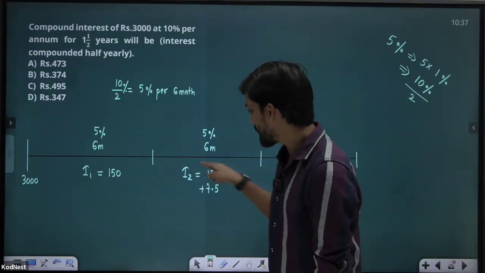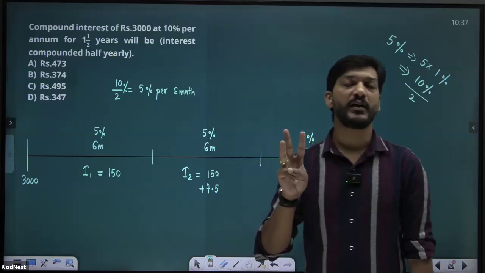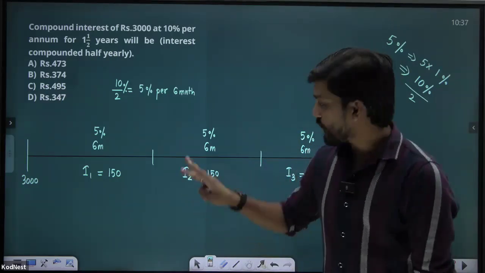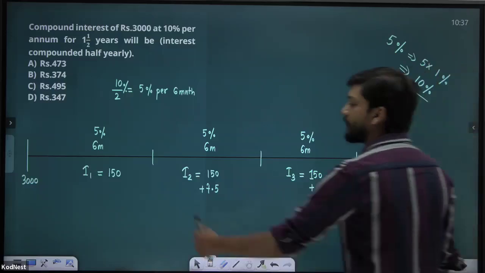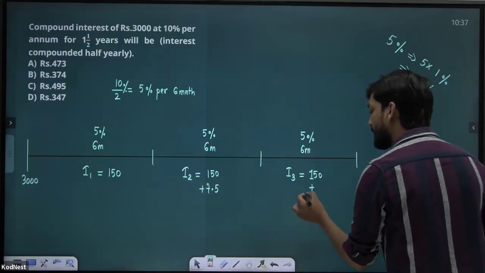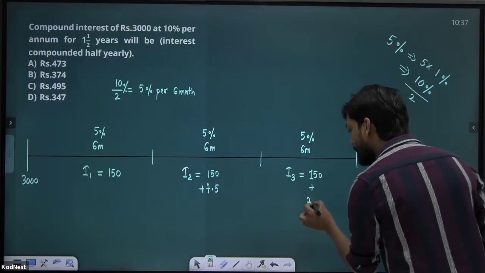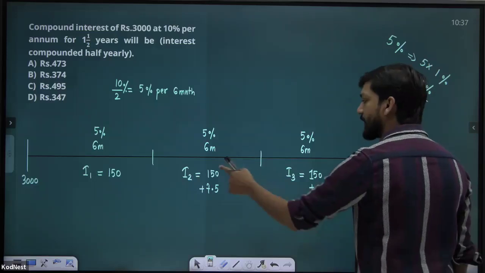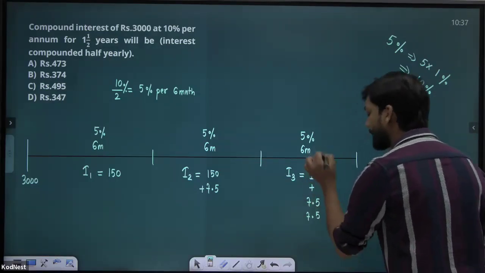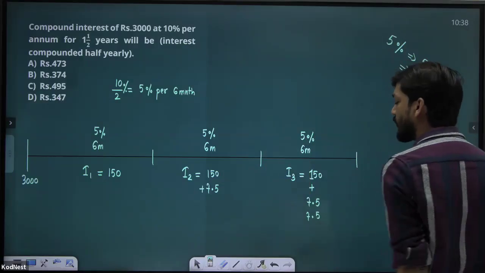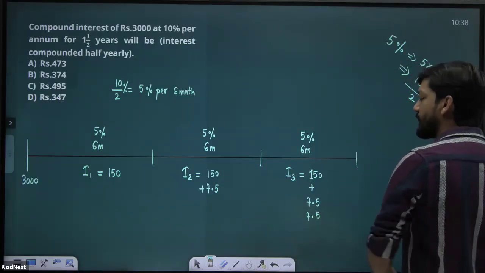So 1, 2 and 3. So 3 numbers are there. Those 3 numbers, 5% you have to write. First number 150, 5% will be how much? 7.5. Second number 150, again 5% will be 7.5. Third number is 7.5. 5% will be how much?